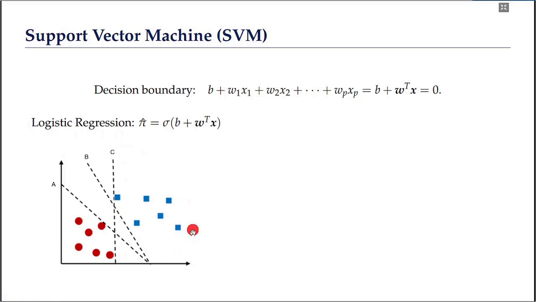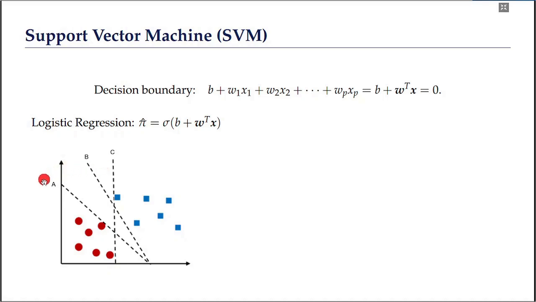Therefore, for example, let's consider decision boundary C. If we have a certain point somewhere around here, based on the decision boundary of C, this point could be classified as red, but this point is closer to the blue points.